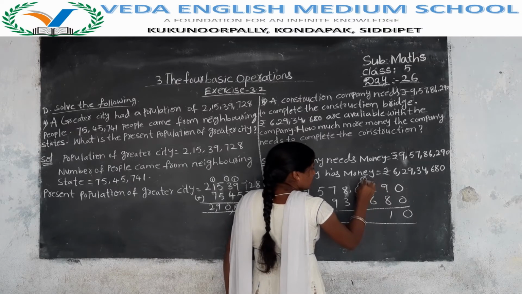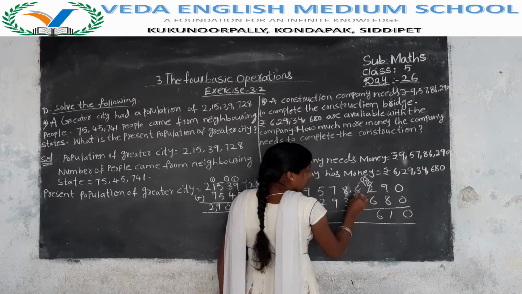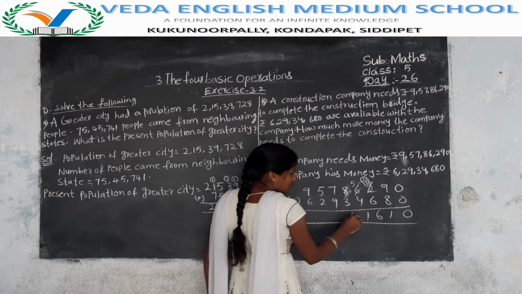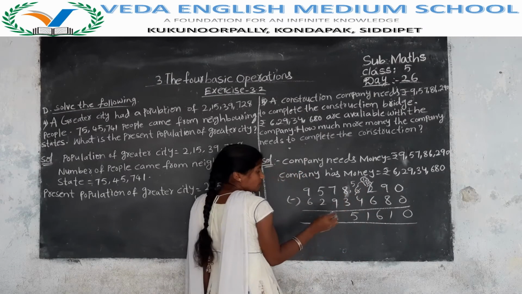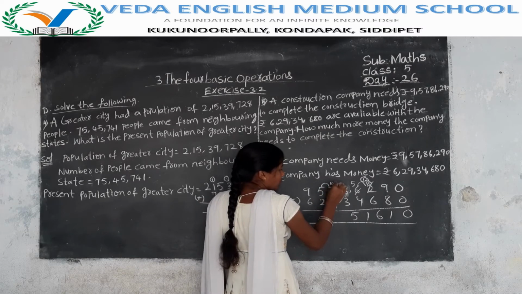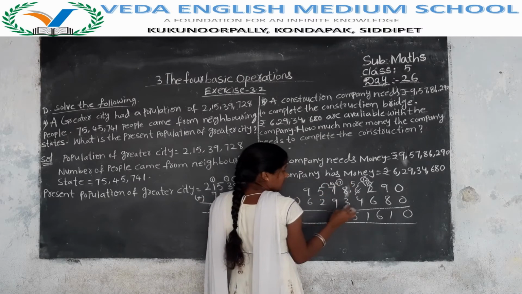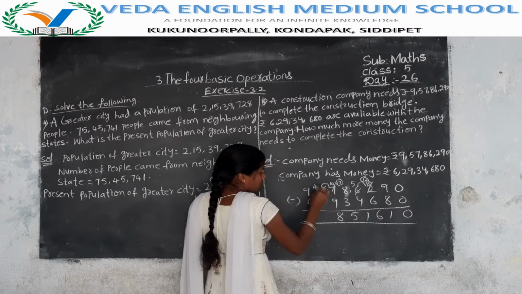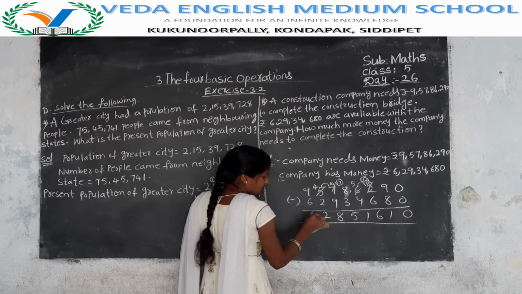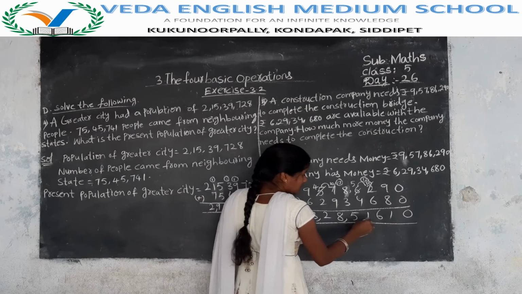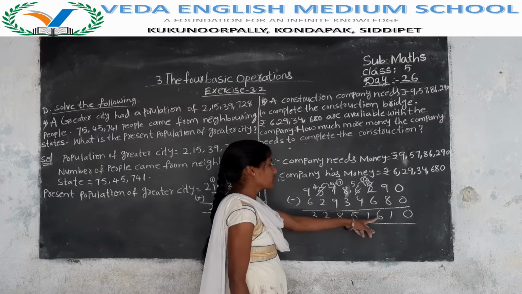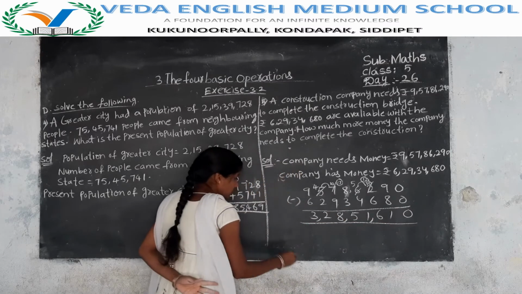It becomes 12. 12 minus 6 is 6. 6 becomes 5. 5 minus 4 is 1. 8 minus 3 is 5. Is 7 minus 9 possible? No. Take borrow. It becomes 17. 17 minus 9 is 8. 5 becomes 4. 4 minus 2 is 2. 9 minus 6 is 3. Then the company needs 3 crore 28 lakh 51,610 rupees.